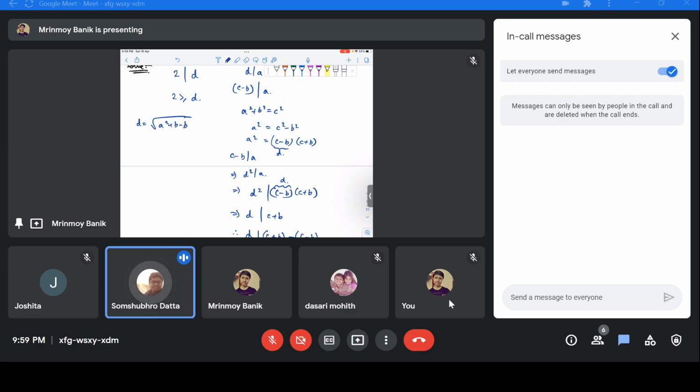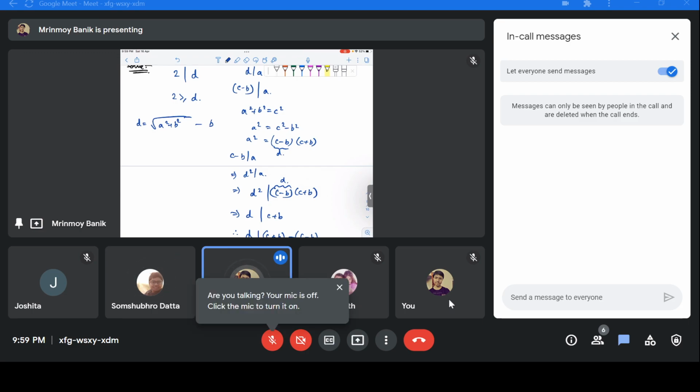The whole root over A squared plus B squared, and after that minus B, outside the root. So this is basically C squared.